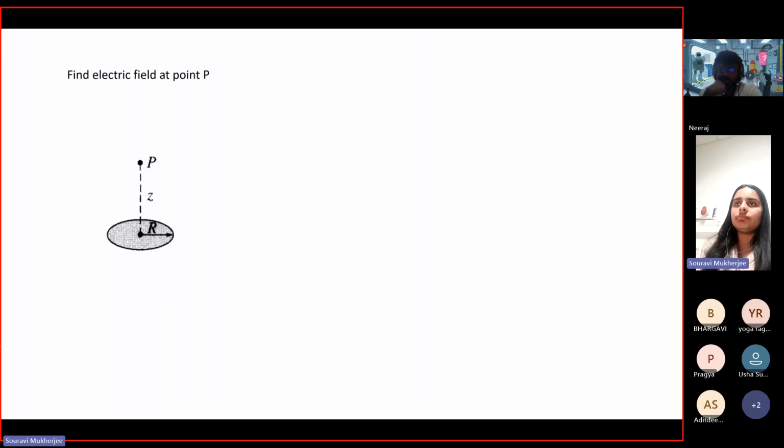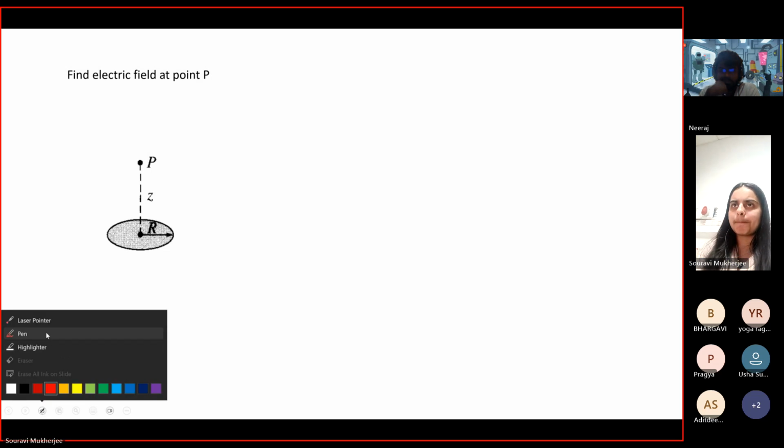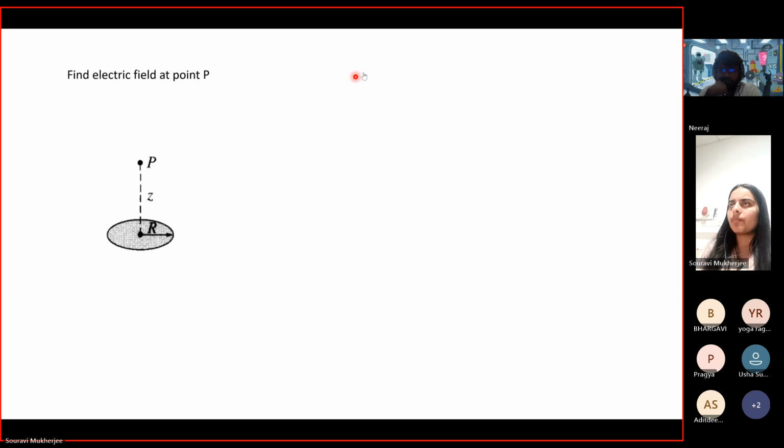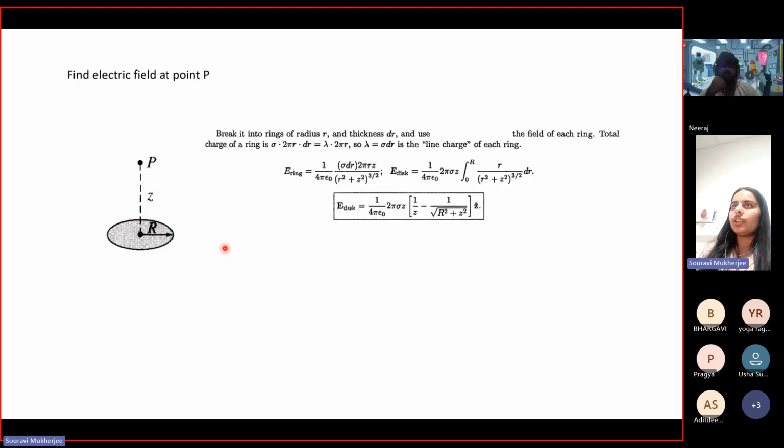There can be cases like not a ring, but you can have a disk, suppose. Then you have an area charge, like there's a sigma surface charge density. In that case, you basically break your disk into small rings of radius r and thickness dr. So you have multiple small rings with varying radius.